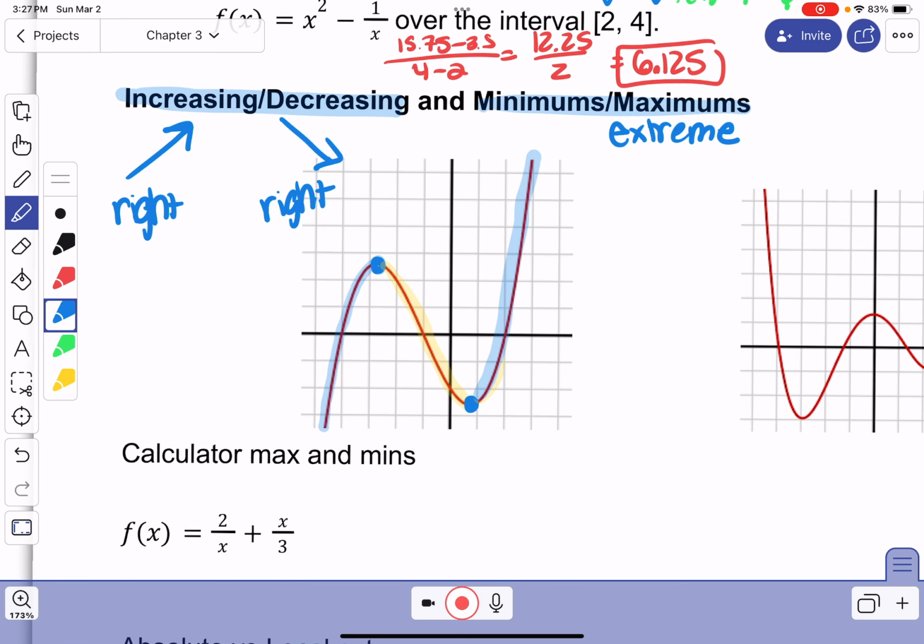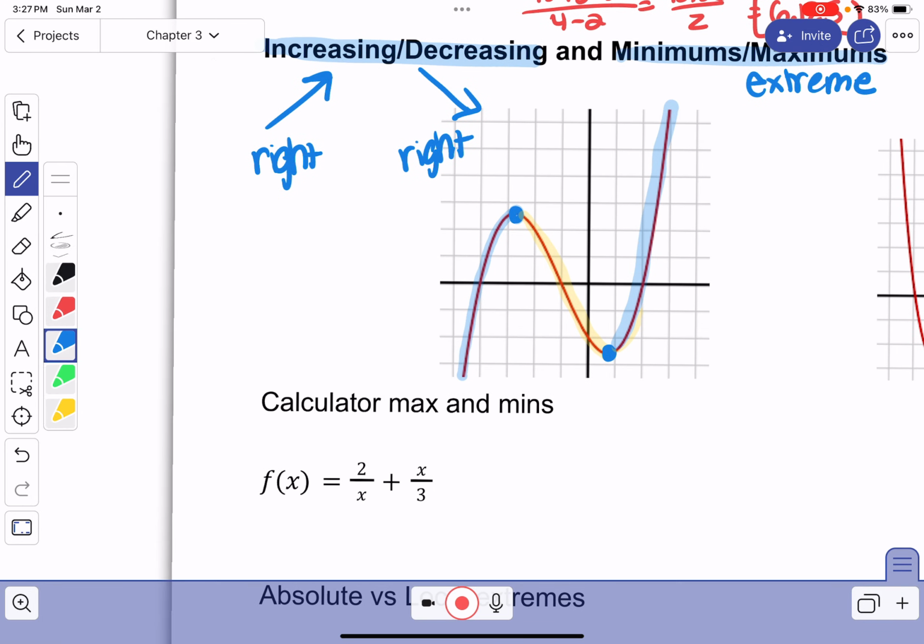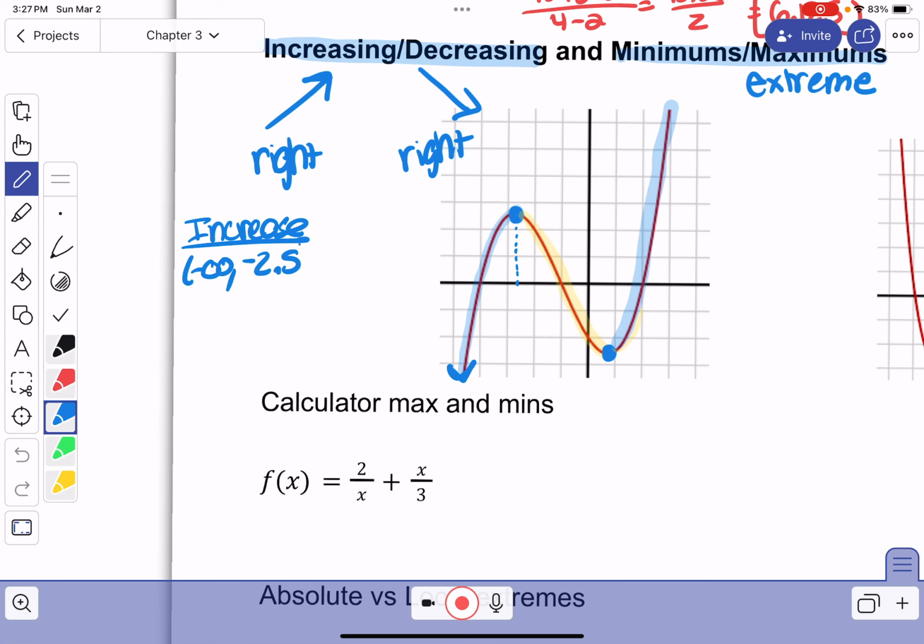We can describe those with interval notation. So this part of the graph would have an arrow. So it would be increasing from negative infinity until that maximum, which is about negative 2.5.